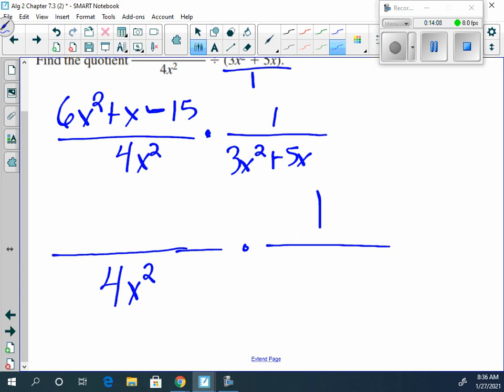So neither one of them are going to factor. And what do we want to factor first? 6x squared plus x minus 15 or 3x squared plus 5x? So the signs are going to be what? Opposite.